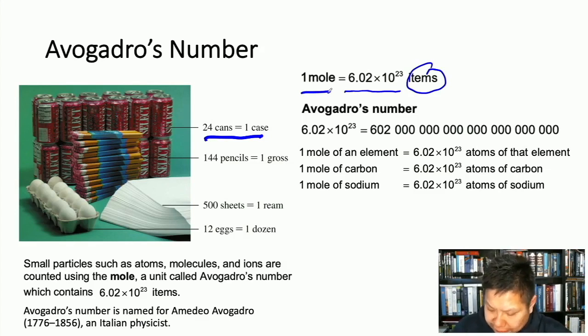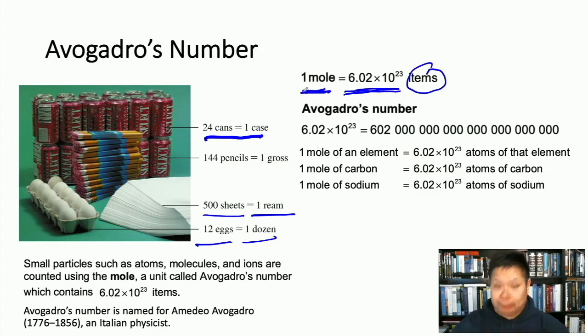Or you can say a ream of paper, 1 ream of paper has 500 sheets of paper in it. Or a dozen eggs has 12 eggs, right? So Avogadro's number, just to reiterate, is 6.02 times 10 to the 23rd items of something, and we call that in chemistry a mole of something, right?